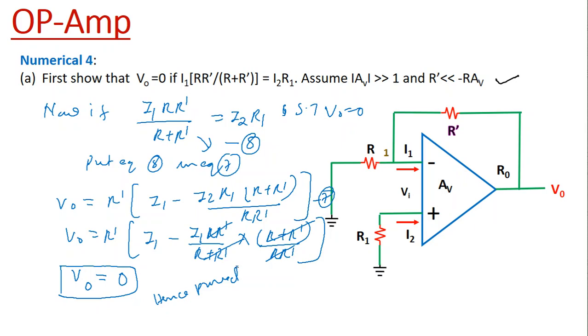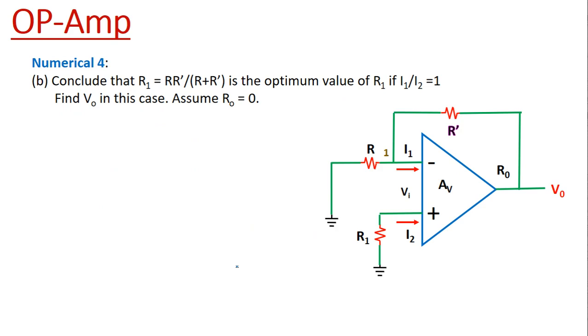Now we go to the B part of this question. We proved that output voltage is equal to 0 on that given condition. B part is to conclude that the optimum value of R1 is equal to R dash divided by R plus R dash if I1 by I2 is approximately equal to 1, and we have to find output voltage VO in this case.